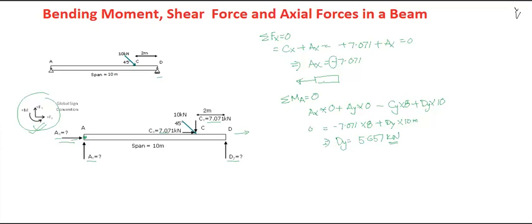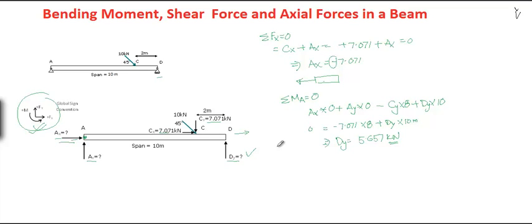In this case, the positive value indicates the direction of Dy is the same as was assumed in the free body diagram. The free body diagram shows Dy is positive, so Dy must be upward.